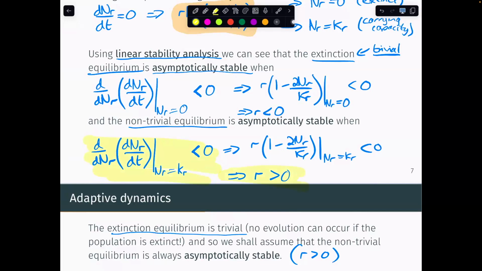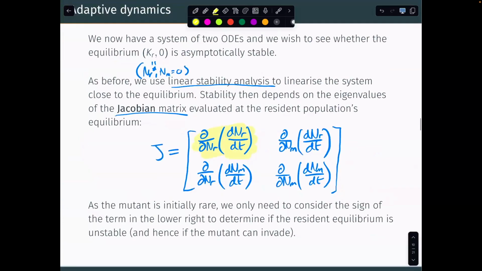So we know that this value here is always negative. By definition, it has to be negative because we've shown, and then assumed that r is greater than 0, that this is asymptotically stable when we just have our resident population there, okay? So this term has to be negative. Okay, so that helps us a little bit.